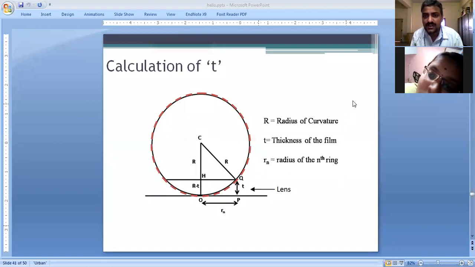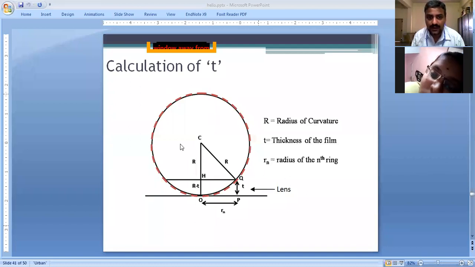Don't get confused, the lens is in circular shape. Many people confuse the radius of the circle with the radius of curvature. Radius of the lens is not the radius of curvature. Please remember, radius of curvature of the lens is the radius of the imaginary sphere from where the lens is imagined to be cut out, right? Okay, if you know this capital R, then we can proceed further.